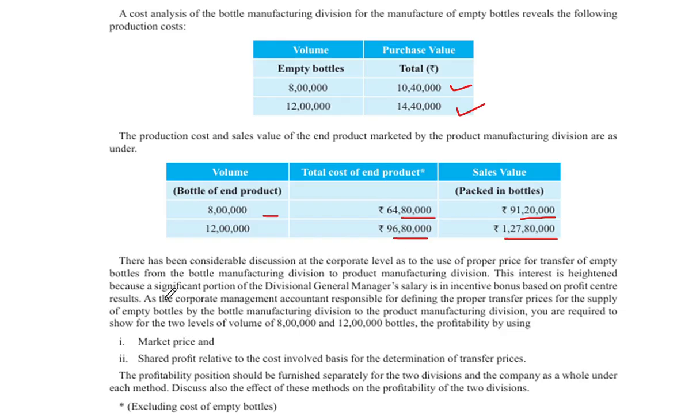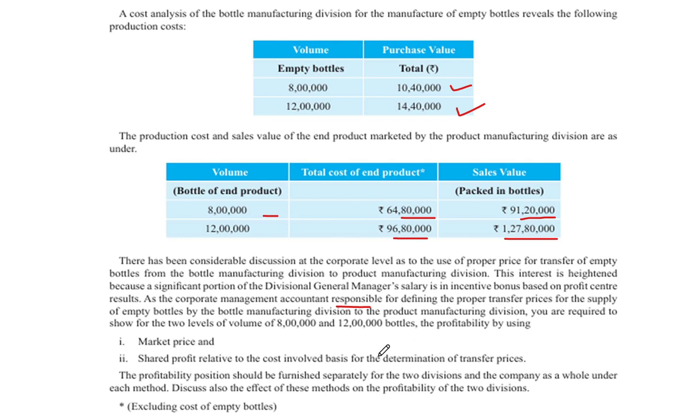This interest is heightened because a significant portion of the divisional general manager's salary is incentive bonus based on the profit center result. As the corporate management accountant, you are responsible for defining the proper transfer prices for the supply of empty bottles by the bottle manufacturing division to the product manufacturing division.